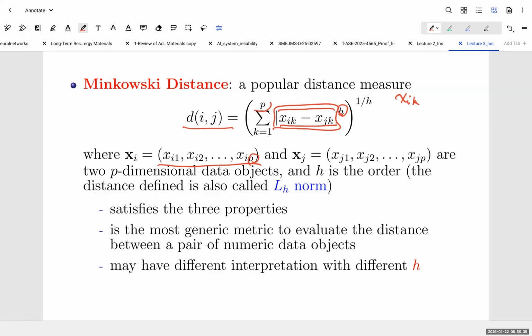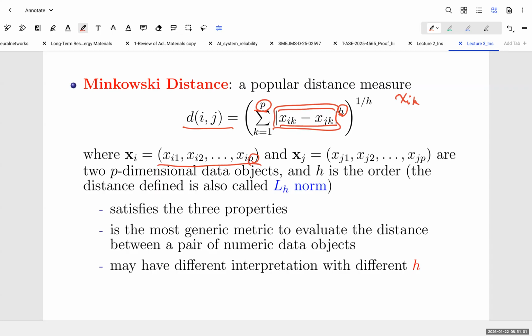We sum them up together, and we take 1 over h, that exponent, to get this final distance. That is the most generic distance for numerically described or modeled data objects.